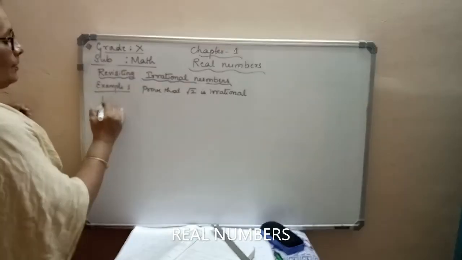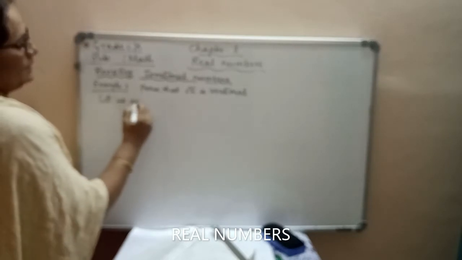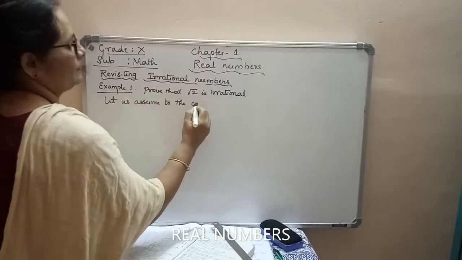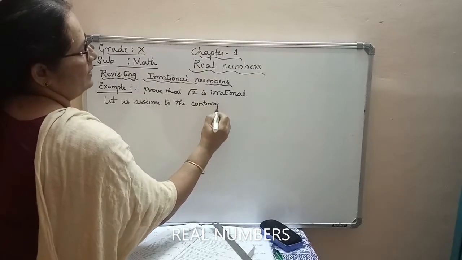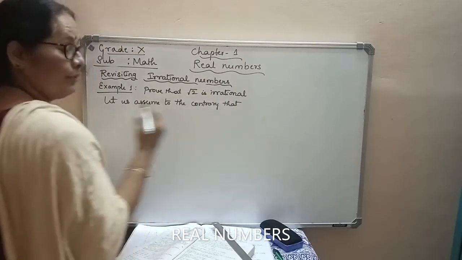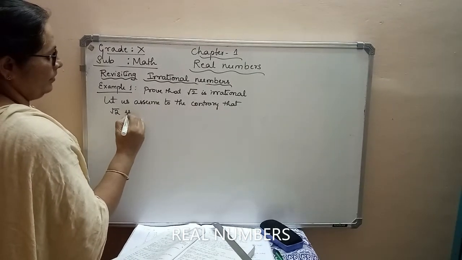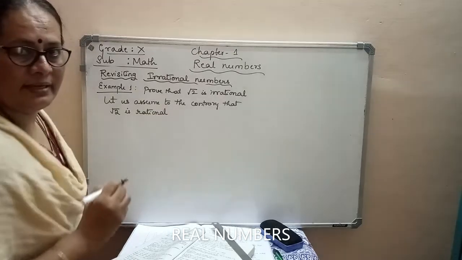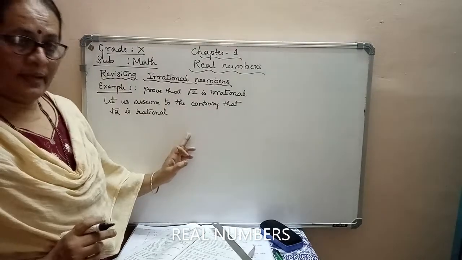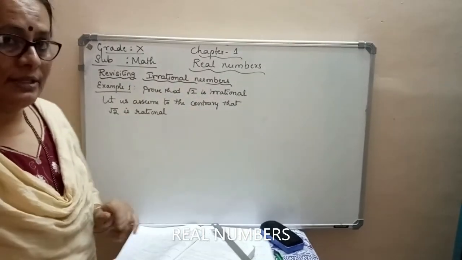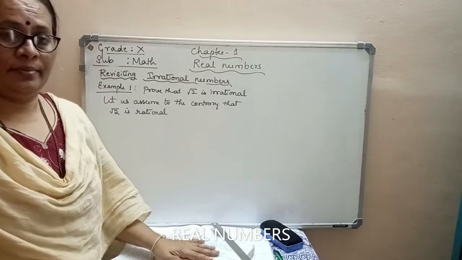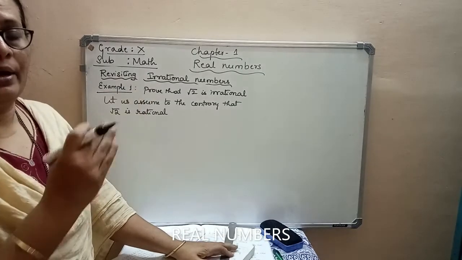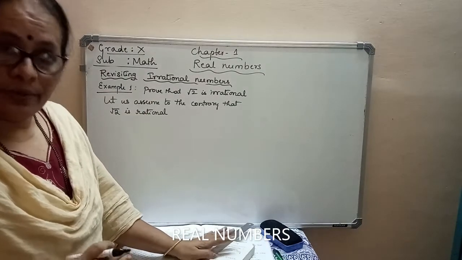Let us assume to the contrary that root 2 is rational. We are using a false statement here. You know that a rational number can be written in the form of P by Q, where P and Q are integers and Q is not equal to 0.